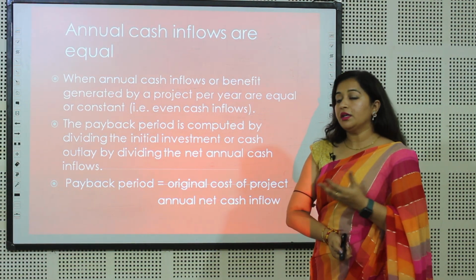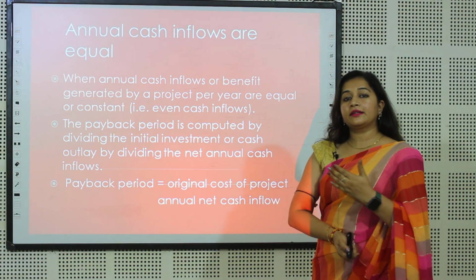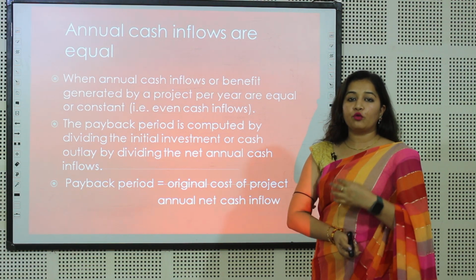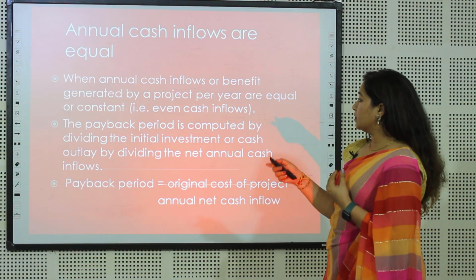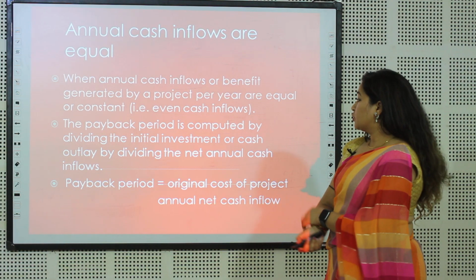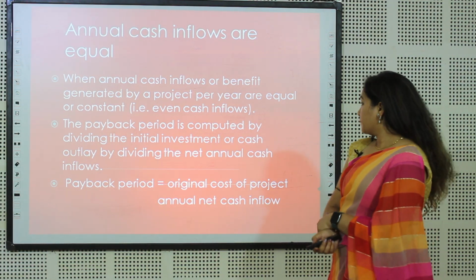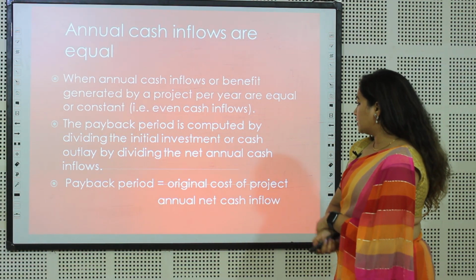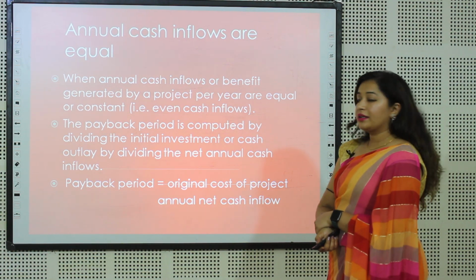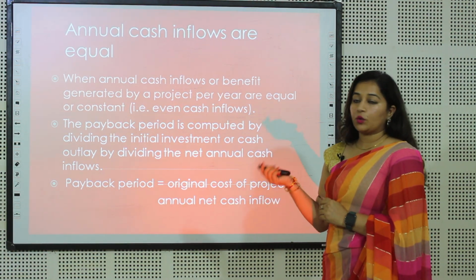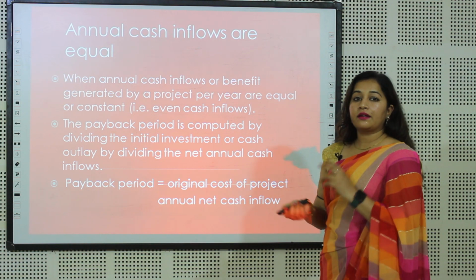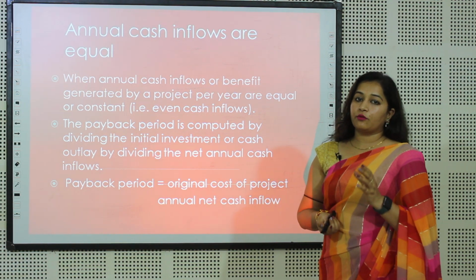Say for example, every year we are getting 10,000. Each year the cash inflow is the same. In that situation, what will be the formula? Payback period is equal to original cost of the project upon annual net cash inflow. This is the method to calculate payback period in the situation where the cash inflow is equal.